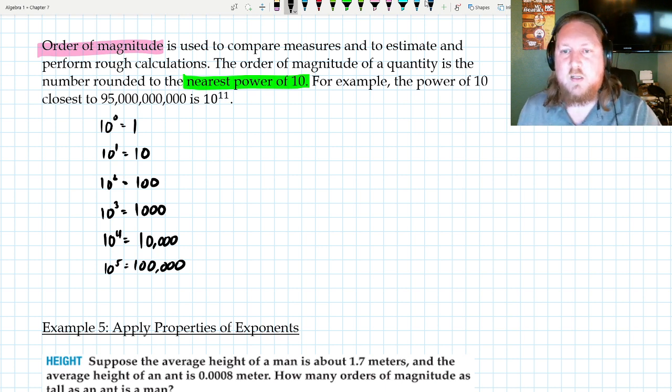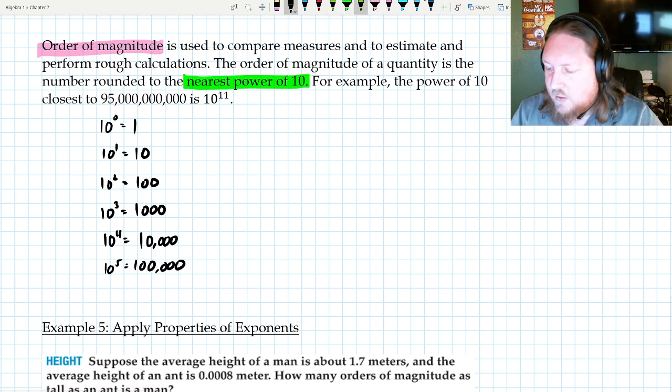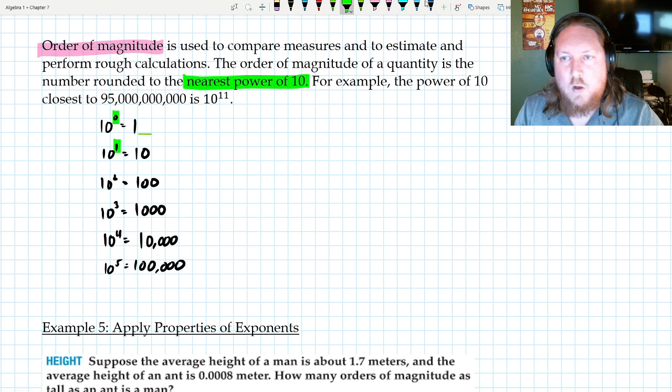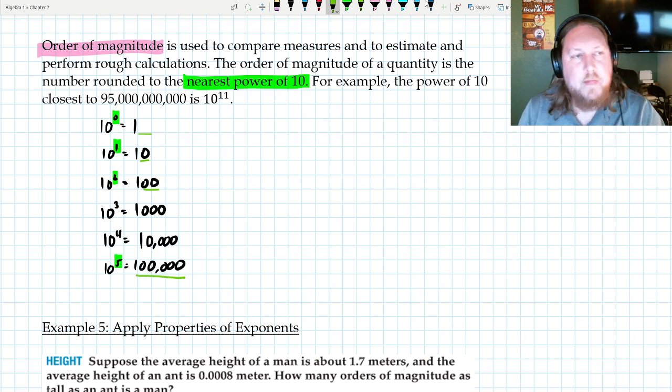The other important thing to notice here is to look at the exponent and count the number of zeros in the expression. 10 to the 1 has 1 zero. Power of 2, 2 zeros. Power of 5, 5 zeros.